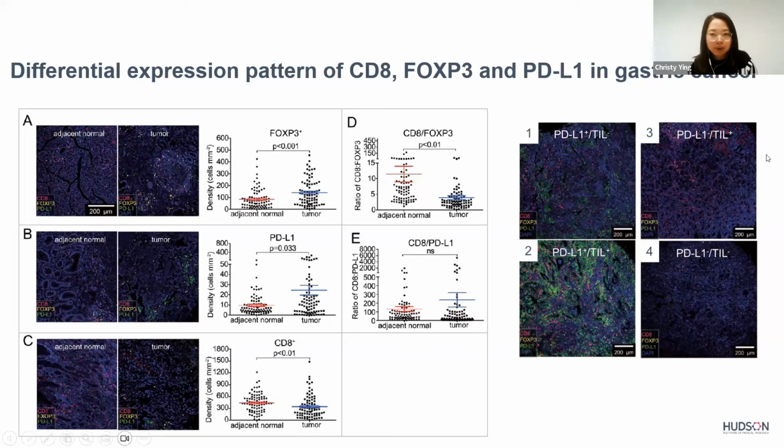We also see the third pattern is less PD-L1 expression but with abundant immune cell infiltration, while the fourth subtype is a cold tumor, whereas the second type is a hot tumor, with not too many immune cells and also not too much PD-L1 expression.